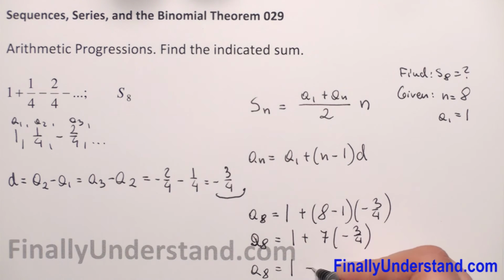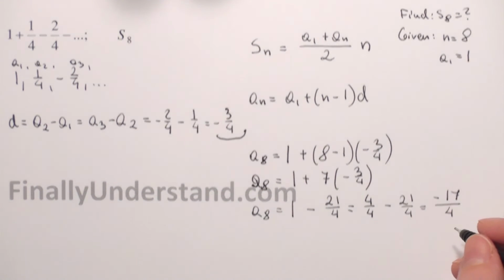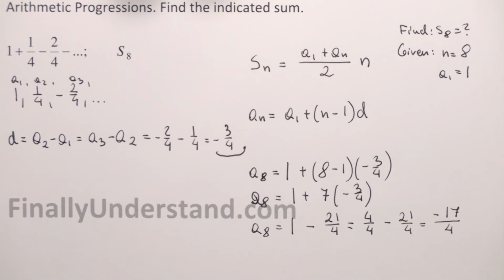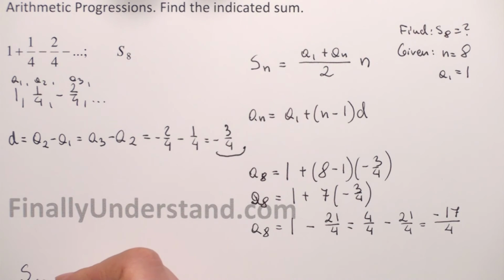Positive times negative is negative, 7 times 3 is 21 over 4. We can change this 1 to a fraction, so it will be 4 over 4 minus 21 over 4. The denominator we copy, and 4 minus 21 is negative 17.